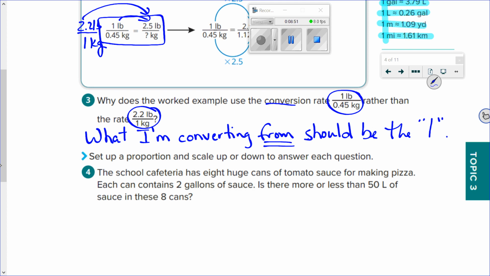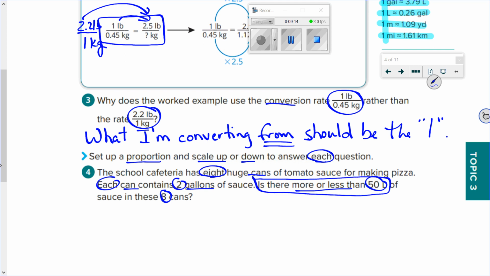Okay, on our second one, we're going to set up a proportion and then scale up or down to answer each question. The school cafeteria has 8 huge cans of tomato sauce for making pizza. Each can contains 2 gallons of sauce. Is there more or less than 50 liters of sauce in these 8 cans? So there's our question. So don't let this one confuse you.